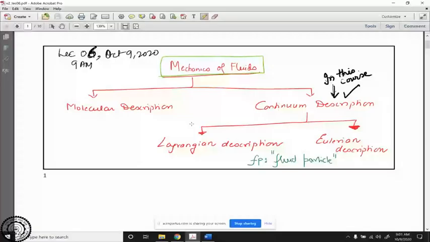And for those engineering applications, continuum description is good enough, right? And continuum description is good enough for flow of liquids, mechanics of liquids, and also for atmospheric air.